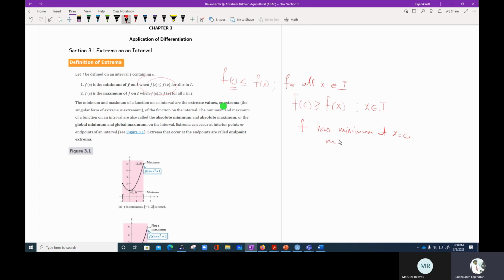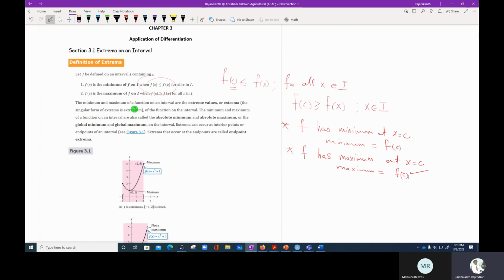The minimum value is nothing but the function value at c. In a similar way, you could write that function f has a maximum, and the maximum value is again the function value at c. So if you are asked to find the maximum value of the function, you have to find the function value at c, that is f of c.